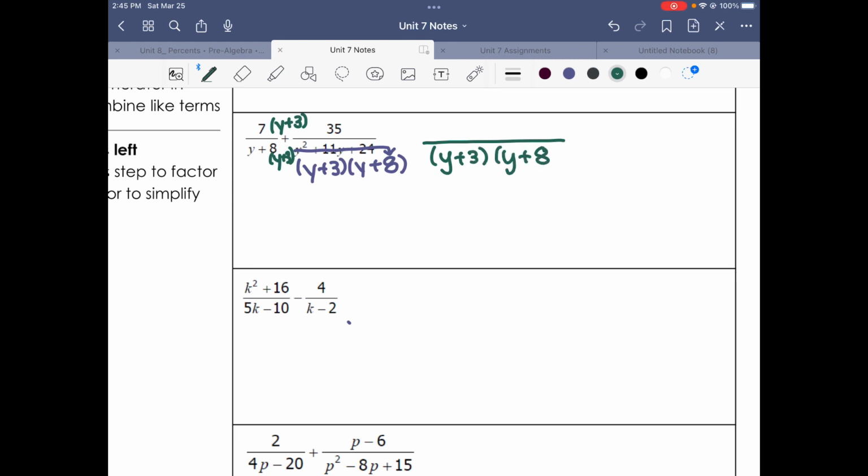And for the top part, we have 7 times y plus 3, plus 35, because we have to add the two numerators together. Now you might notice that I can't actually add anything on the top until I go ahead and multiply this together first. So I'm going to do that as my next step. This will be 7y, and 7 times 3 is 21.